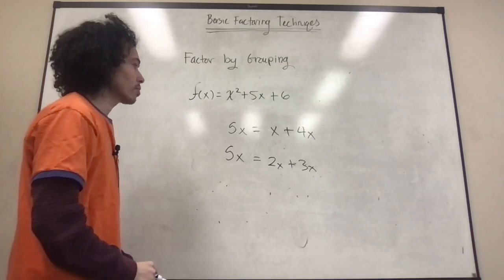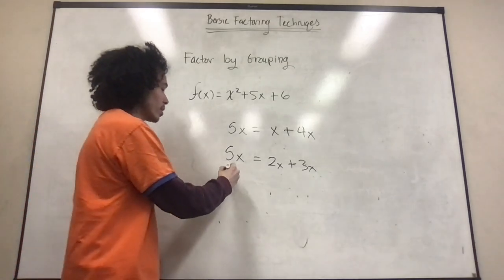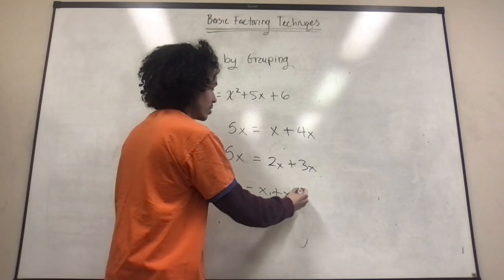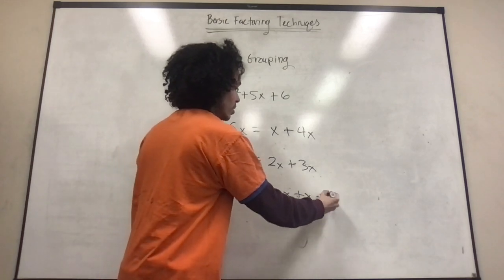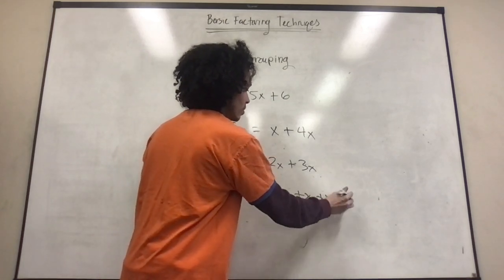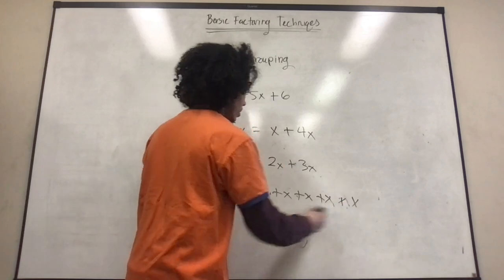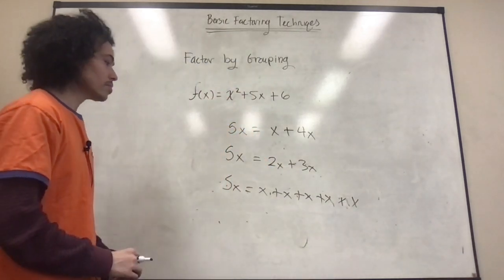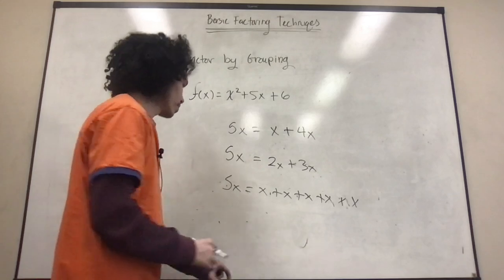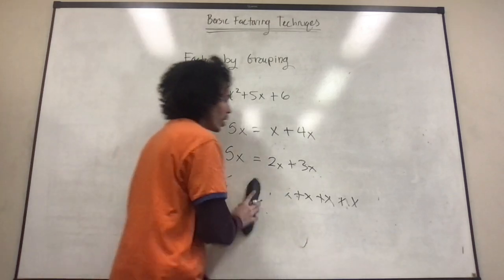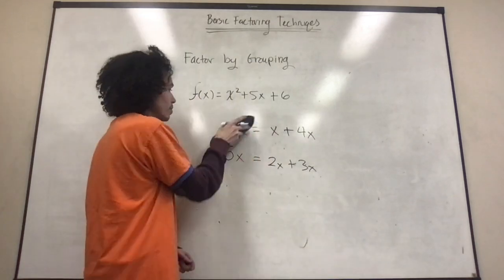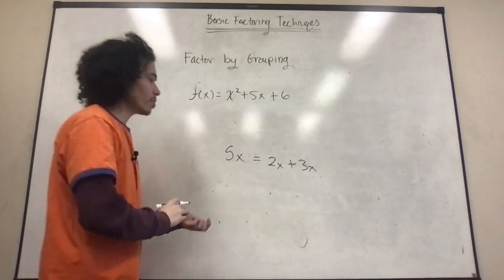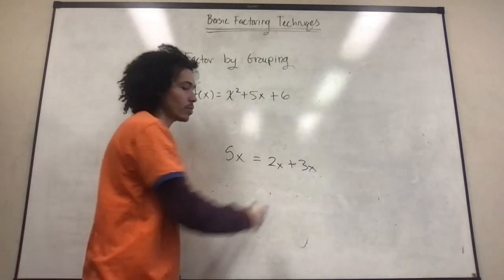Heck, we could say that 5x is equal to x plus x plus x plus x plus x. 1, 2, 3, 4, 5. 5x. But for this problem, we're going to stick with 2x plus 3x.